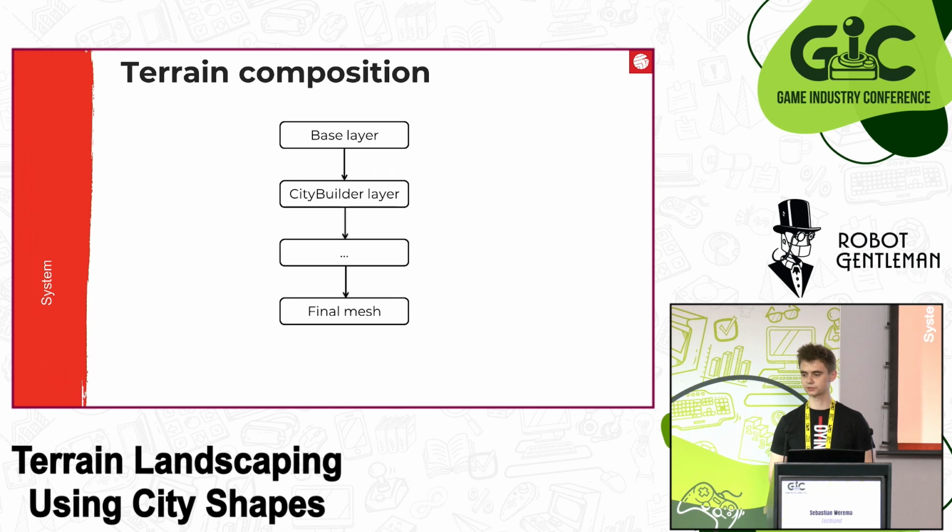Our terrain works with a stack of layers, where the initial layer will set the initial height map that was provided by the user, which is the height map that you modify by using brushes. But then after that, we run other layers that work like post processes, and the one we are interested in is the CityBuilder layer.